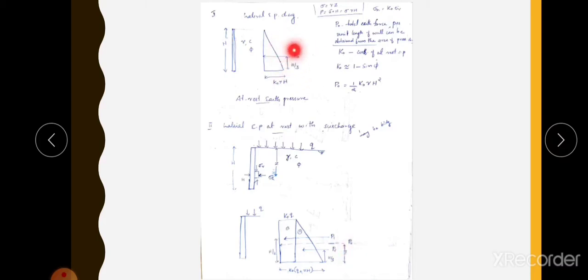If there is only a single diagram, the basic equation for a triangle gives the height h by 3. Here we have to take moment, because the total earth pressure force is the sum of P1 plus P2.